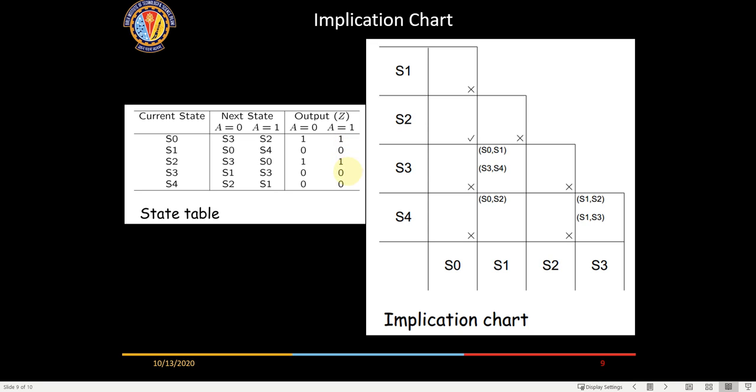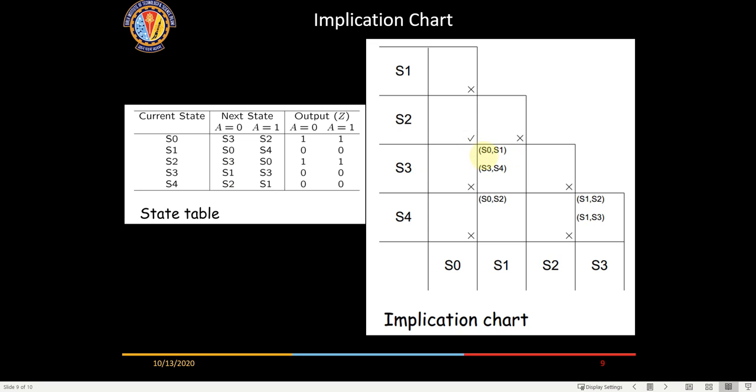Now if there is a possibility, then you also have to see whether the inputs are the same. I am going to merge S1 and S3, whereas the inputs required for these states were S0 and S1. So I am going to write S0 comma S1.